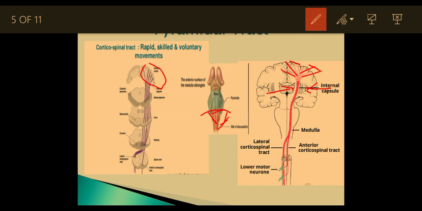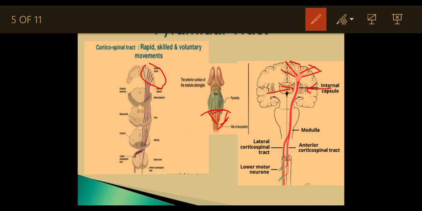After that, at the lower border of the medulla, the pyramidal tract on each side is divided into two bundles of unequal size. About 80% of the fibers from each side cross to the opposite side. While crossing the midline, the fibers of both sides form the pyramidal decussation.